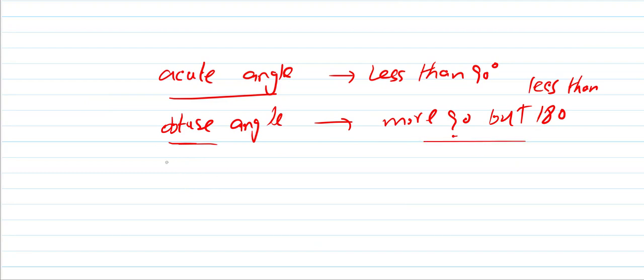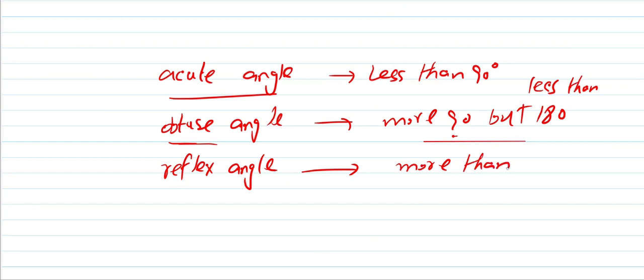The next angle is the reflex angle. A reflex angle is an angle which is more than 180 but less than 360. Okay.